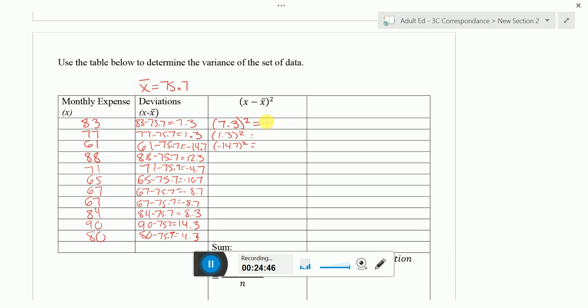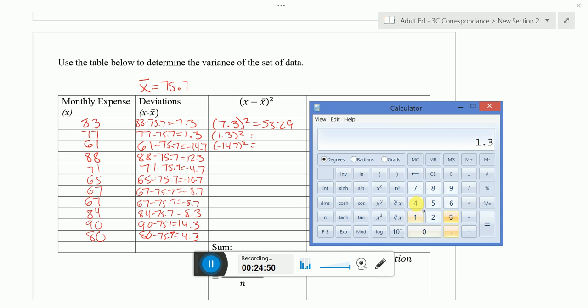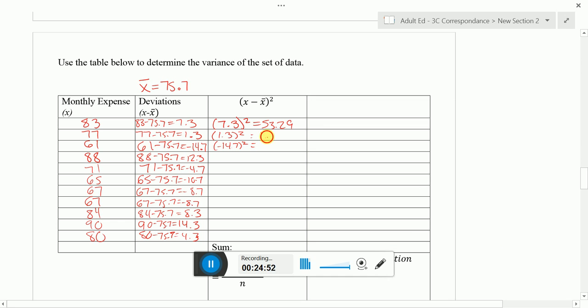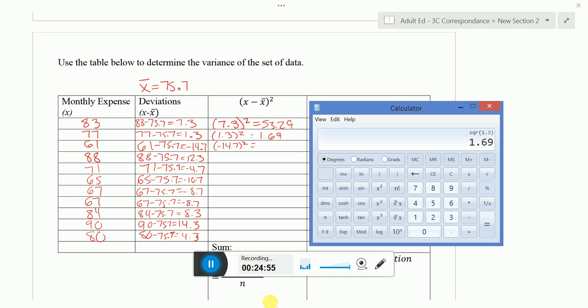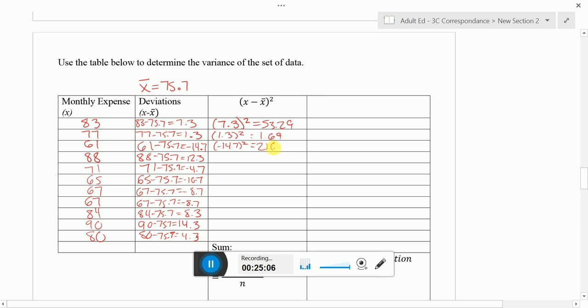You get 53.29 for the first one. 1.3 squared is 1.69. We have 14.7 squared, 216.09.